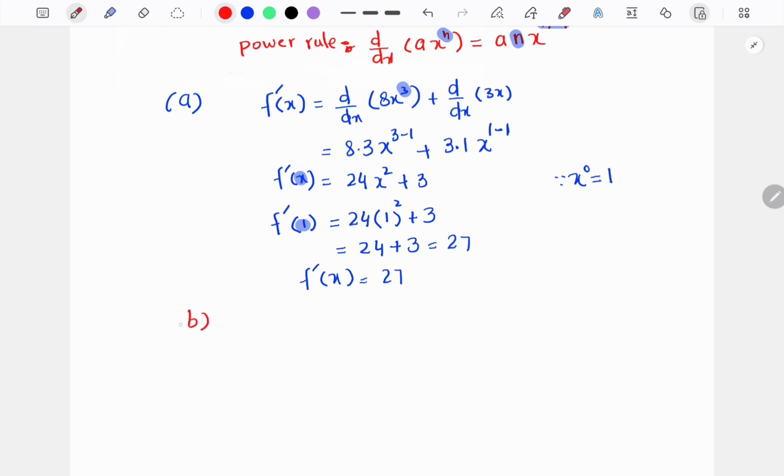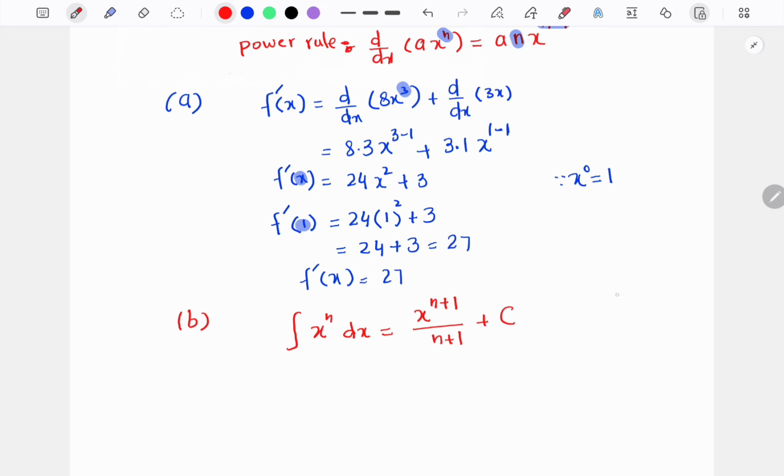going to write over here. So integration of any function x to the power n dx is equal to x to the power n plus 1 divided by n plus 1, plus the constant of integration.